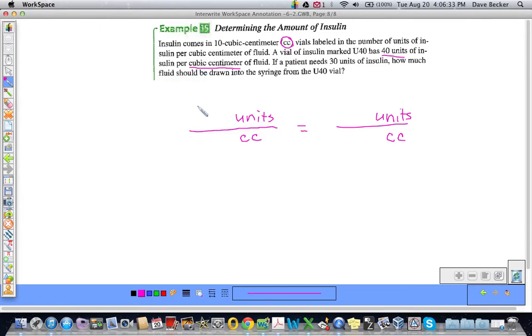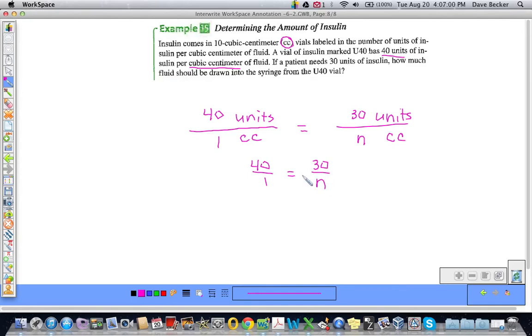So that's going to go here. 40 is to 1. And if a patient needs 30 units of insulin, how much fluid should be drawn into the syringe? Okay, so N is what I'm solving for. So I have 40 over 1 is equal to 30 over N.